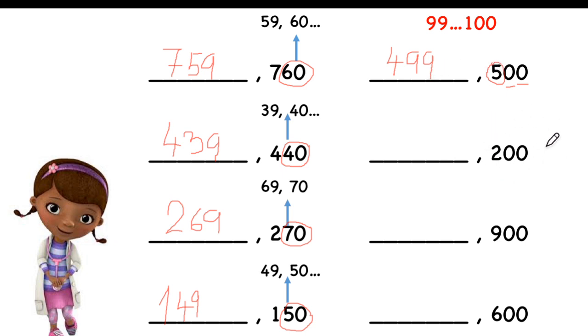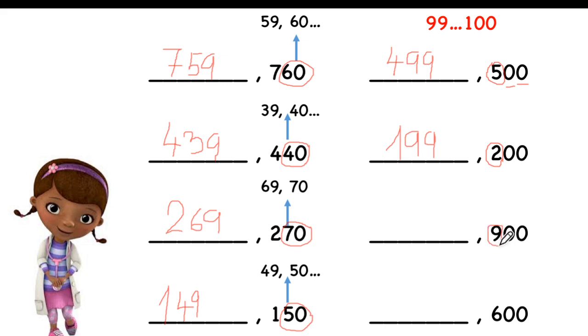Again, 200. Ask yourself, which number is before 2? It is 1. So you will have 100. And this you will have as hundreds, like here. What comes before the 100? 99. So the number that comes before 200 is 199. Always change the hundreds into the lower hundred.